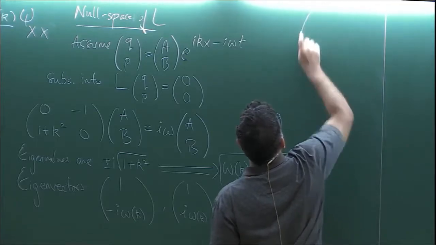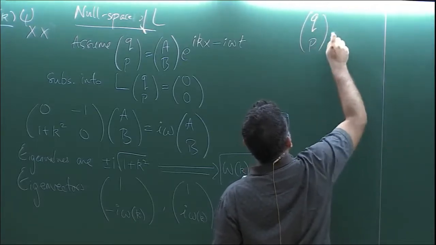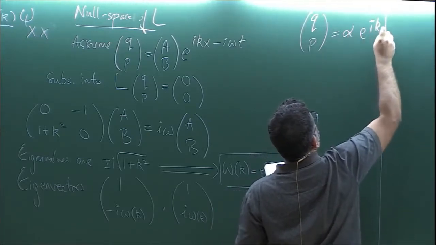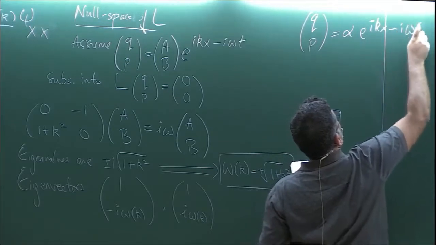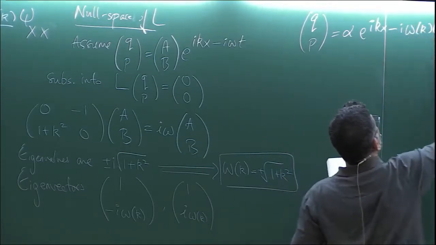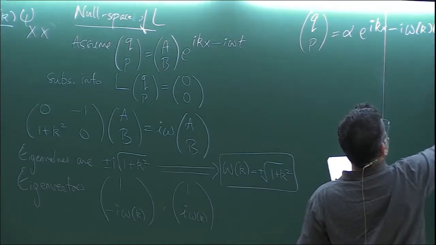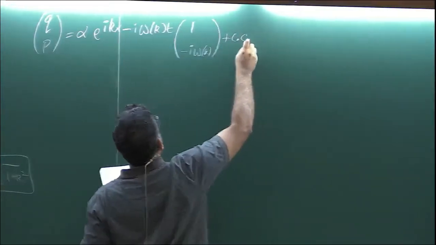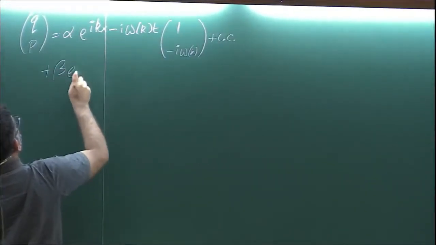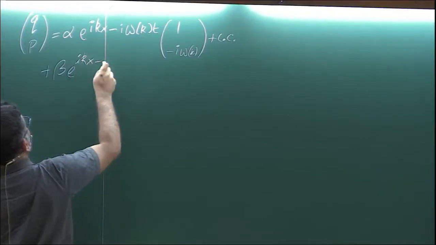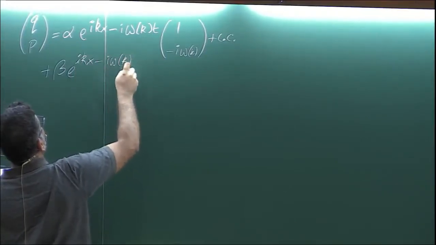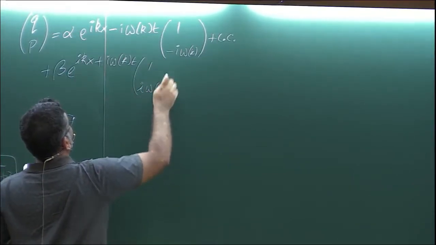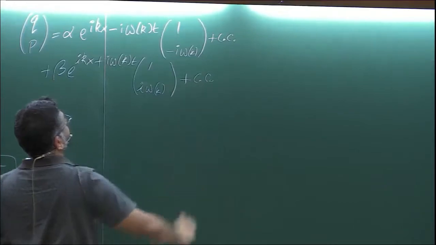So all of this implies QP can equal alpha e to the ikx minus i omega of k t times the vector 1, minus i omega of k, plus complex conjugate, plus beta e to the ikx minus i omega of k t times the vector 1, i omega of k, plus complex conjugate.